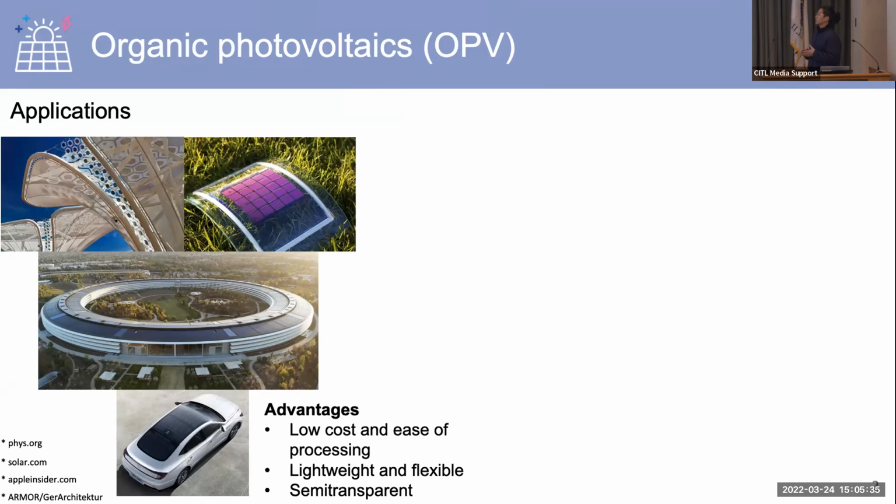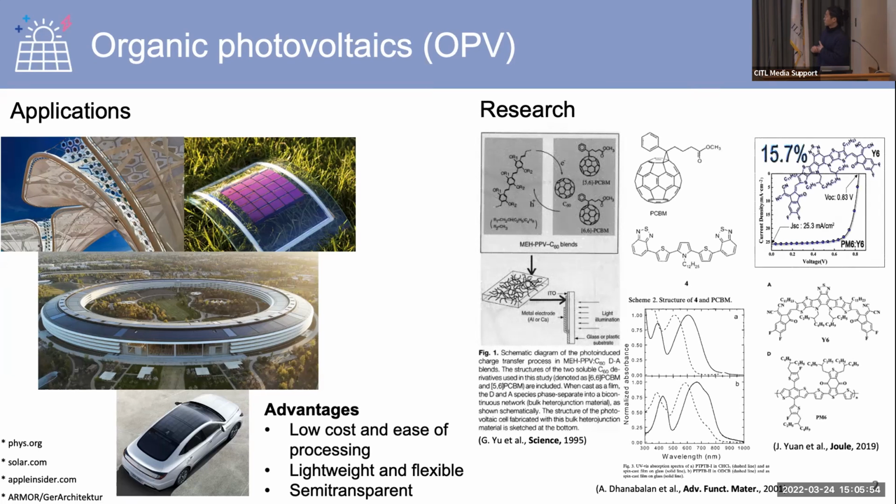It is also known to have several advantages compared to conventional solar cells. For example, it has low cost and ease of processing, and it has light weight, high flexibility and semi-transparency.